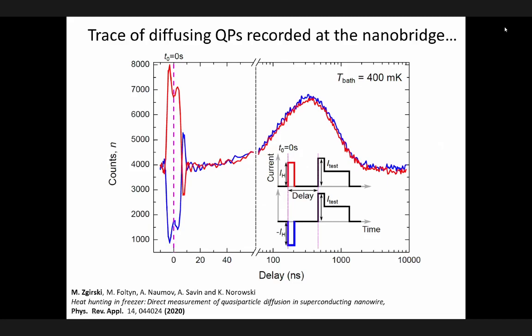But after this crosstalk is over, you see really no response at this distant detector. For 30 nanoseconds you don't see anything, then it picks up. At 300 nanoseconds it reaches a maximum, and then it relaxes back to the bath temperature. So this is the diffusion profile of the quasi-particles emitted from the heater.